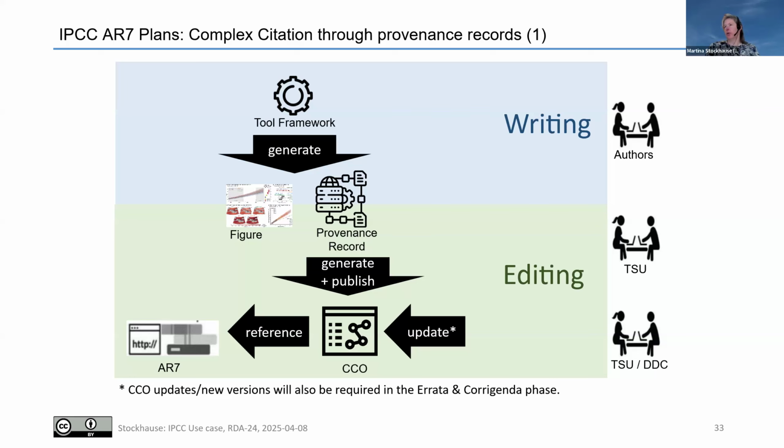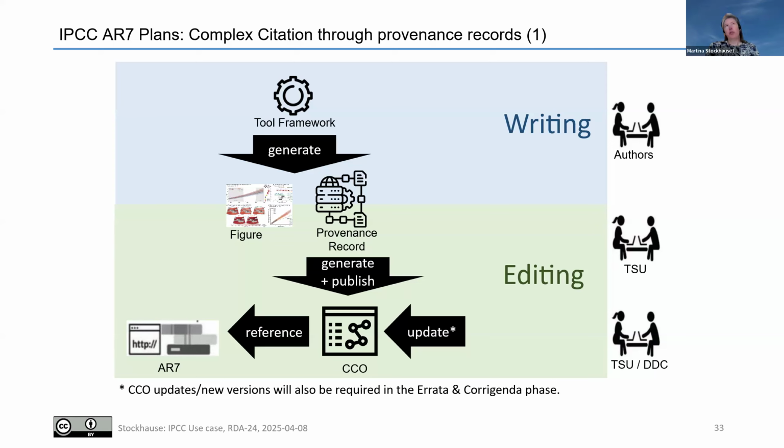So we want to use tool frameworks recommended for the authors so that these tools generate the figures and the so-called provenance record. So we plan to use these provenance records for gathering the information for archival, but also for complex citation.